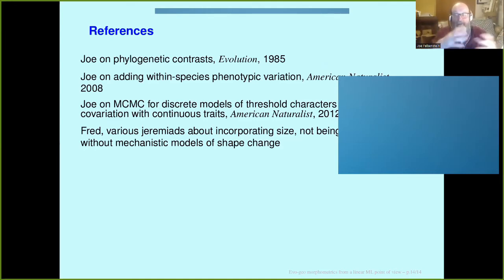It's an MCMC method. What I'm hoping to do is take that MCMC method and implement some of the nonlinear analysis that I've been referring to here in those programs by expanding them, and also take within species phenotypic variation into account. Fred sent me a lot of references, but I ran out of time to put them in.